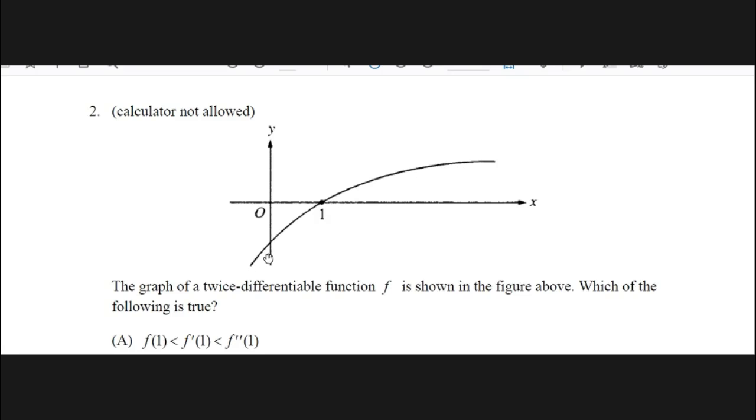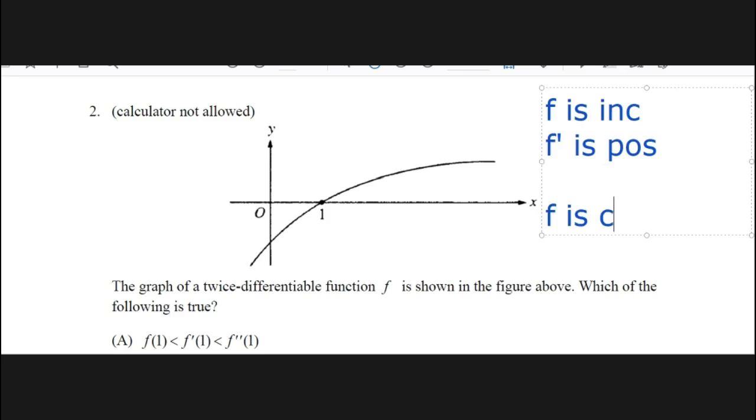So if the original curve is increasing and concave down, in my head, what I'm thinking about is, okay, what does that mean for the next curve? If f is increasing, then f prime is positive. If f is concave down, then f prime is decreasing. And then f double prime is negative.